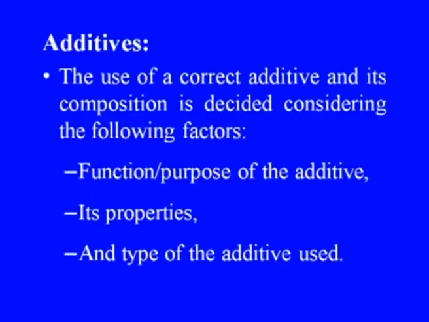Then in the category of additives, the use of correct additive and its composition is decided considering the following factors. Number 1, function or purpose of the additive, its properties, and the type of the additive used.